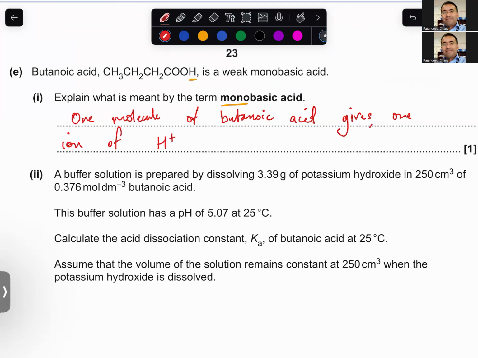Gives or forms 1 ion of H plus. That's what it means by monobasic.